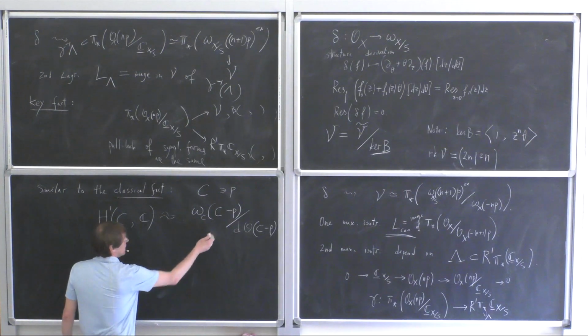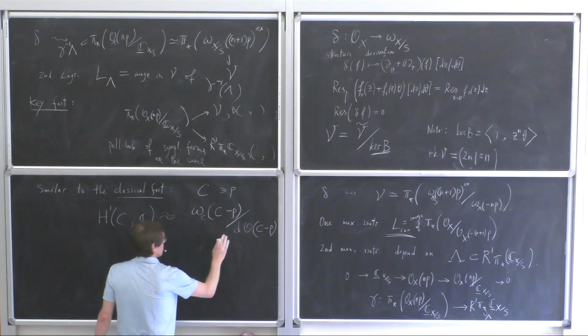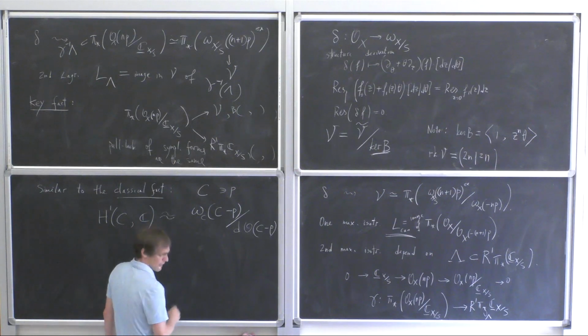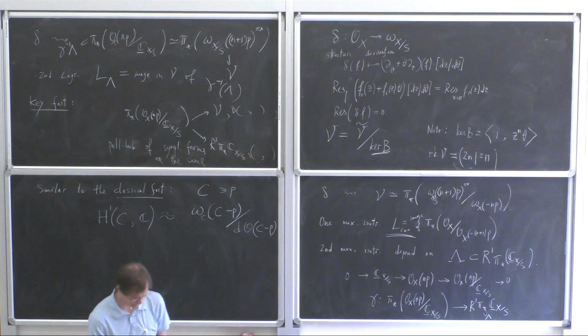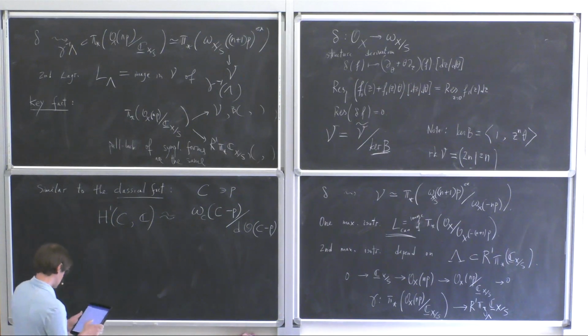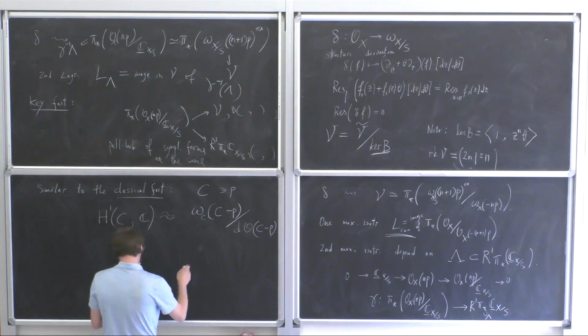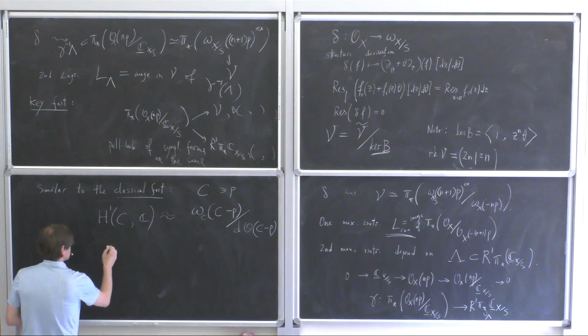Then we can also rewrite it in terms of this residue form, and here we have a classical intersection form.